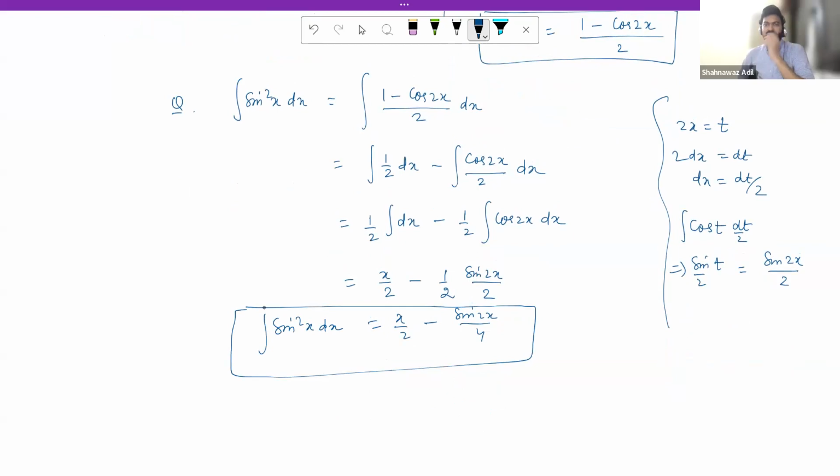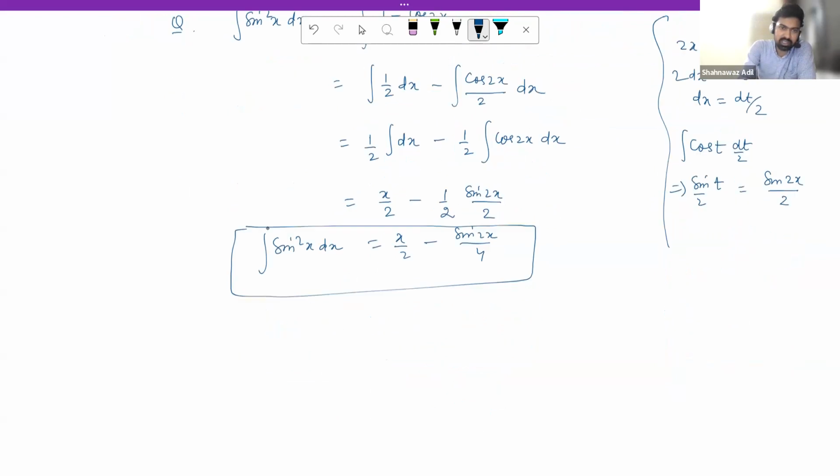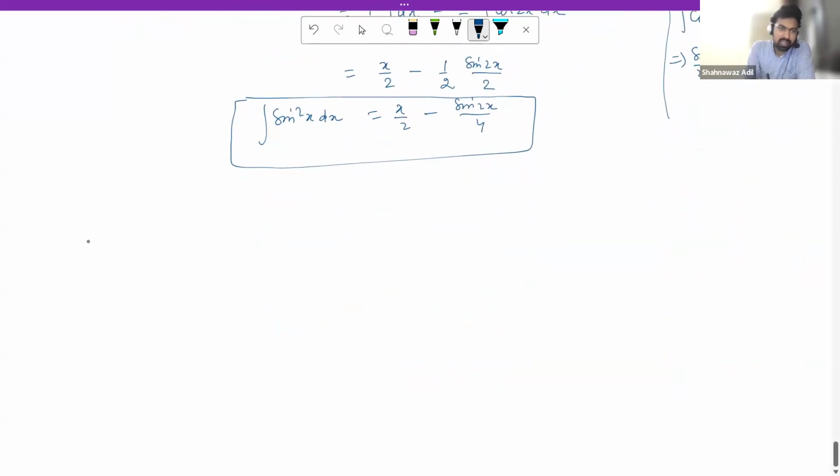Okay, now we have talked about this. So now we can talk about what the definite integral is, right? Let's say we have an integral of some function, x square dx.